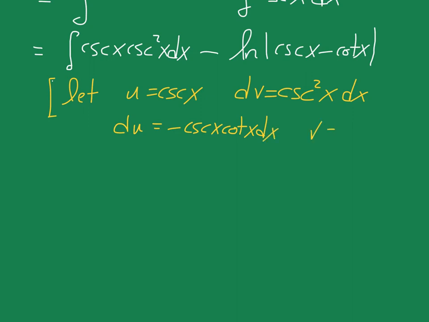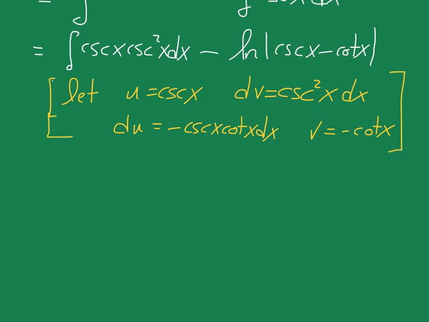And if we let dv be cosecant squared x dx, that's a good dv because we can figure out what v is from this. And what's that? Well, it's minus cotan x. Derivative of cotan x is minus cosecant squared x. So the derivative of minus cotan x is cosecant squared x. All right. So that's what we have.